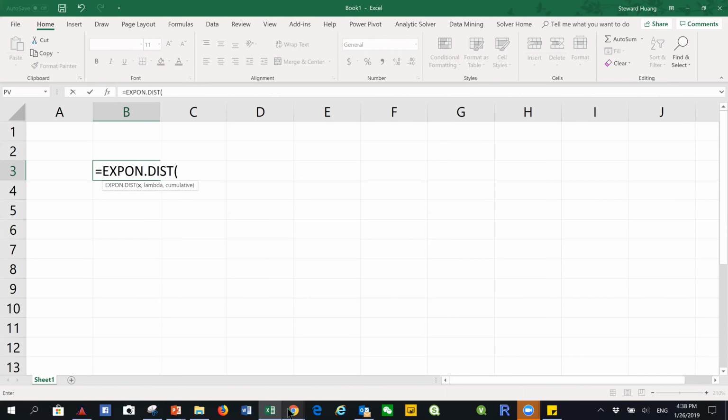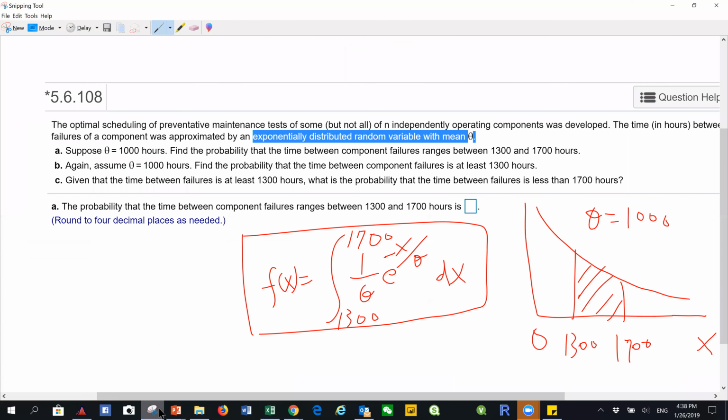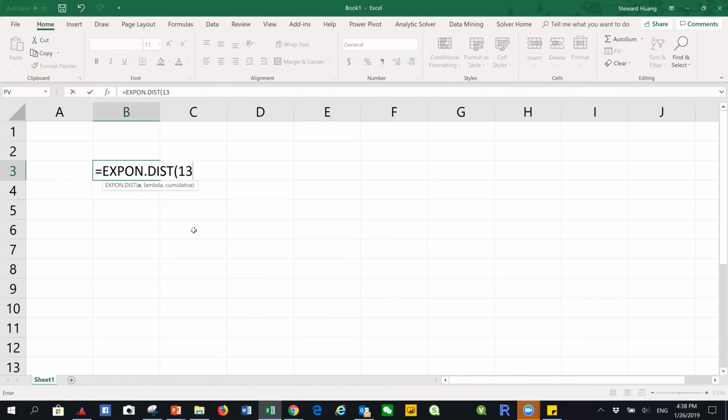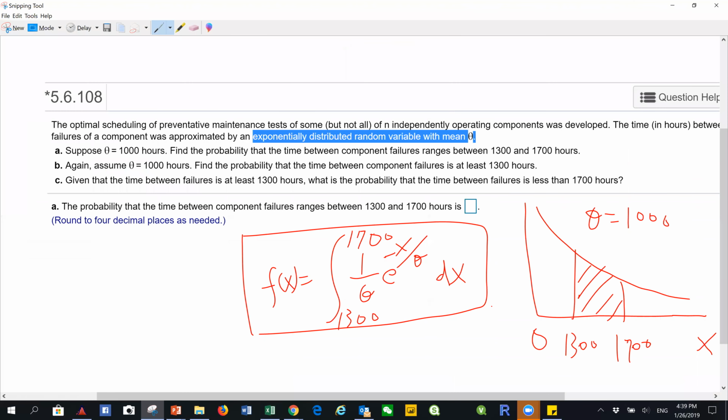So the first value is how much? Well, 1300. But be careful with this lambda, because we have two versions of the exponential function. The other version is the rate version.